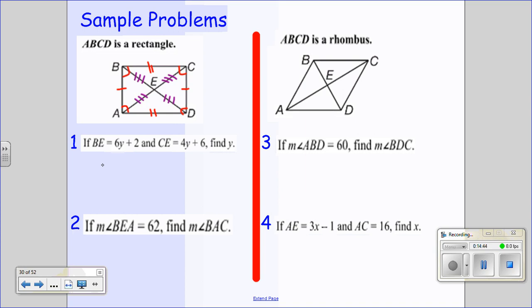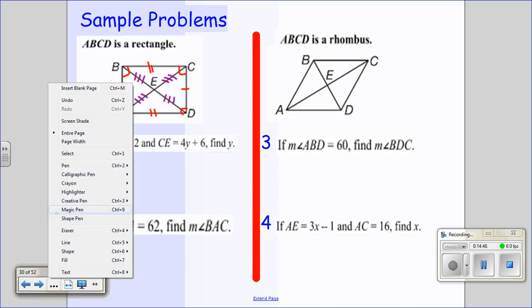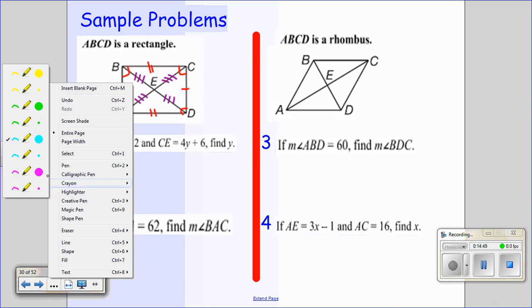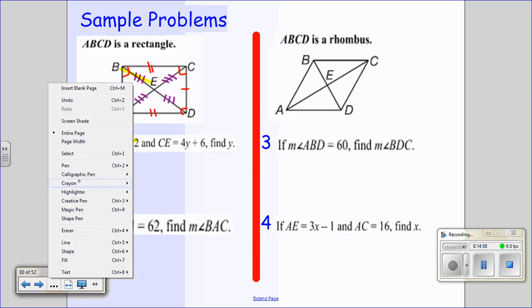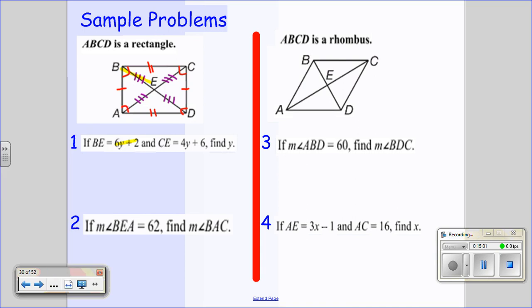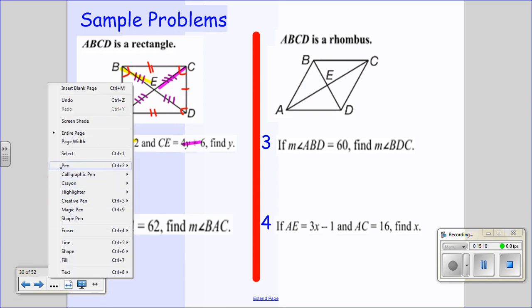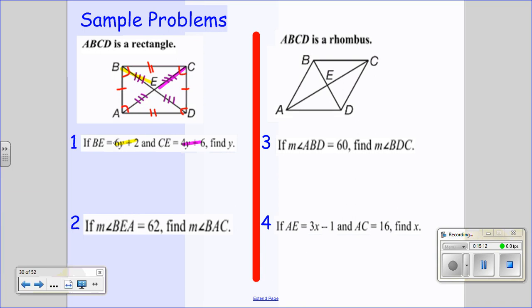Okay? So now that I know that, let's highlight the specific one that they give us. They give us BE is 6y plus 2. They also give us CE, which is 4y plus 6. And they want us to find y. Well, based on how I marked the picture up, I know that BE is congruent with CE.